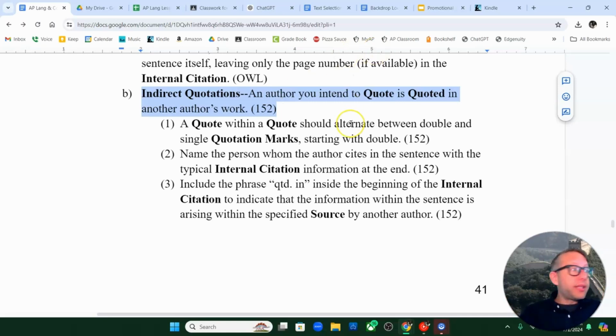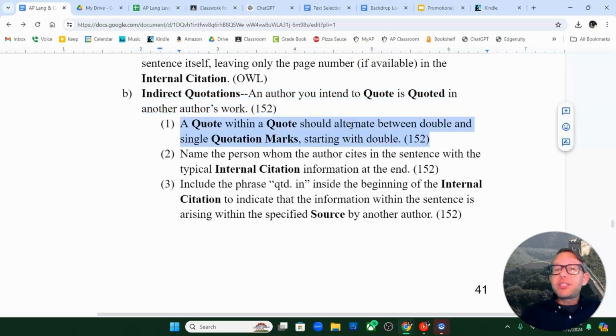Well, first thing to note about this is, if we do have a situation where we've got a quote within a quote, you should alternate between double and single quotation marks starting with double. That's what we do. So even if you have one of those goofy situations that sometimes you hear jokingly, like he said, she said, they said, Blanche said, Mike said, Francine said, that's exactly what you would do.